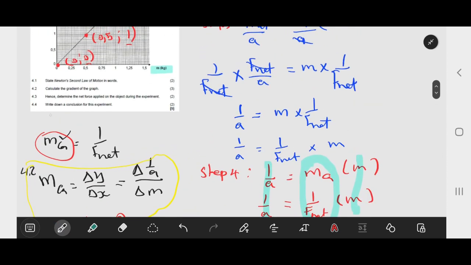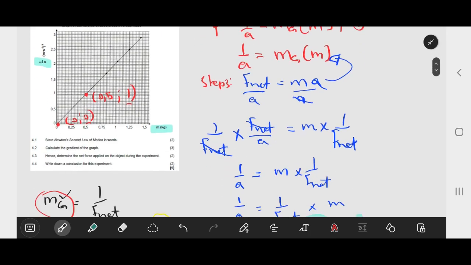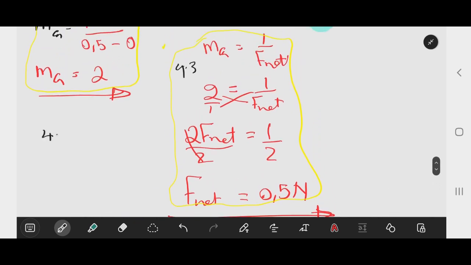And then write down the conclusion for the experiment. So they were investigating the relationship between the mass of the object and the acceleration, right? And as you can see, we have made one of the variables an inverse. So we can see that the acceleration is inversely proportional to the mass of the object. So 4.4, the acceleration is inversely proportional to the mass of the object.